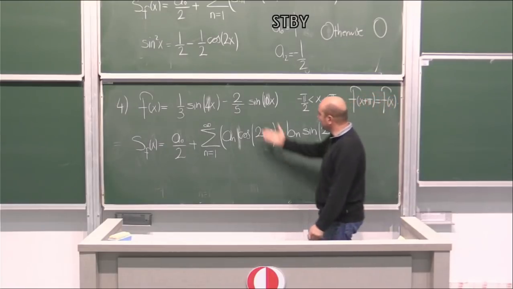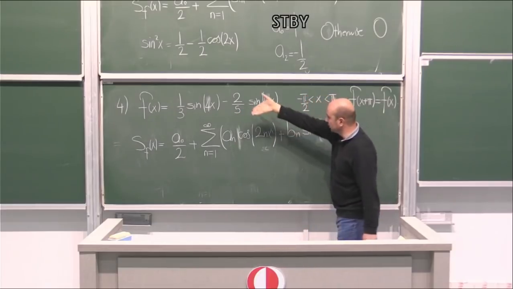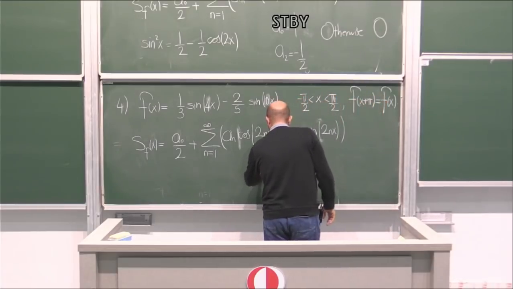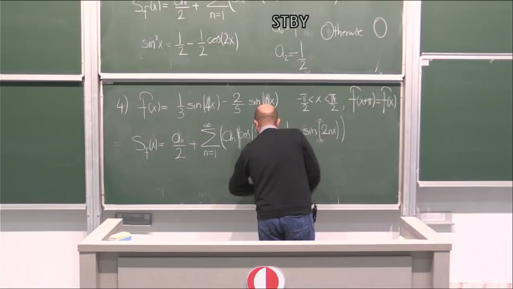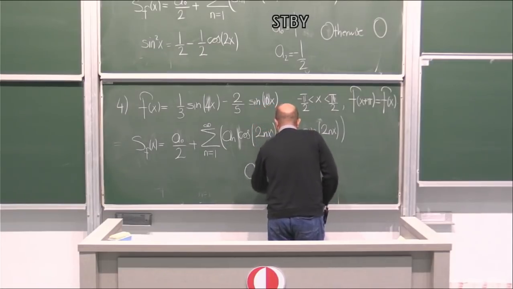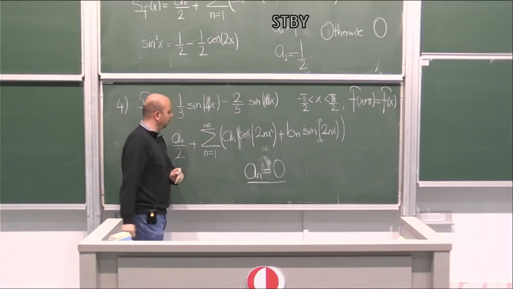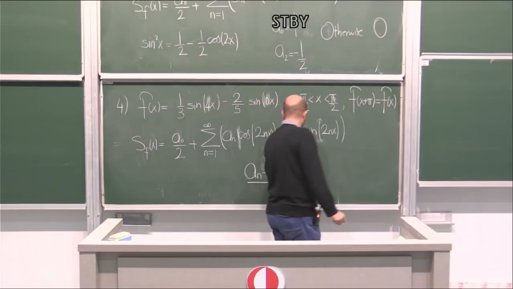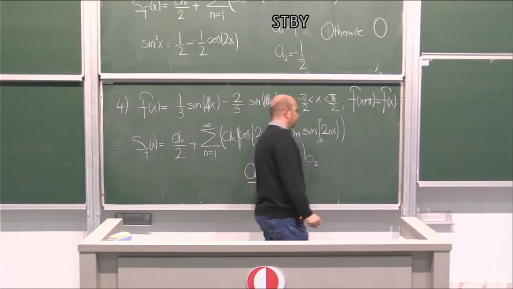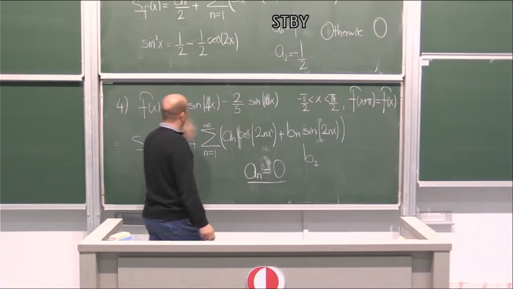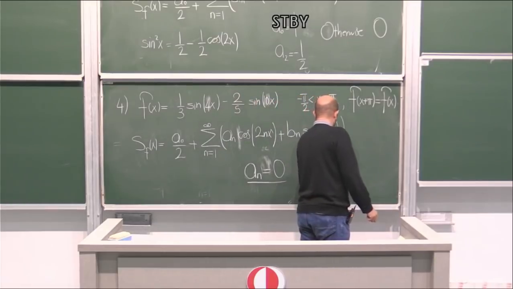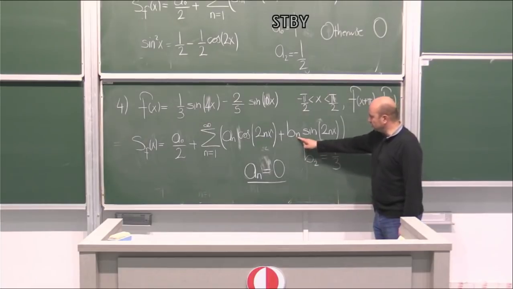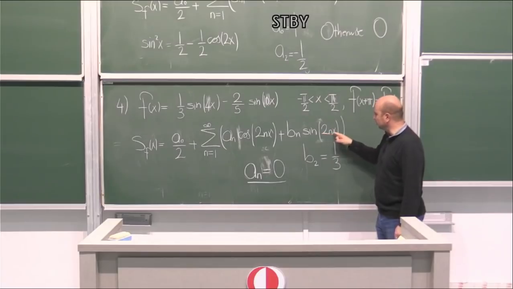Now I can do some matching here. All a n's are 0, so that means no cosine terms in this expansion. And if I take b2 equal to 1 over 3: if this n is 2, inside will be 2 times 2x, so it will be 4x.